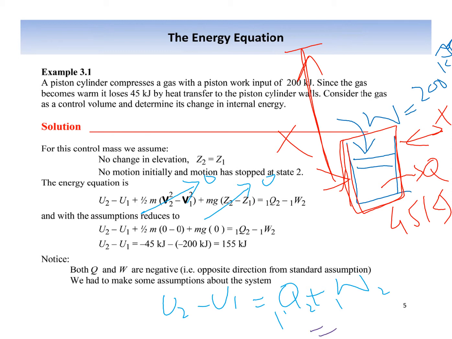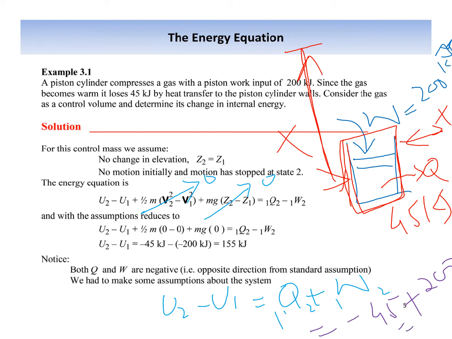So how much energy is being lost? Minus 45, because it's being lost. And how much work is being done on the system? 200.